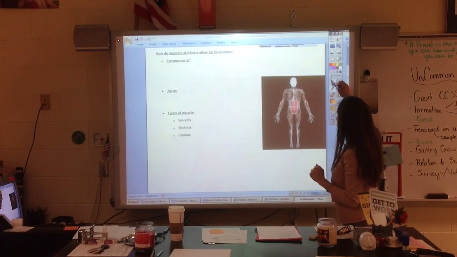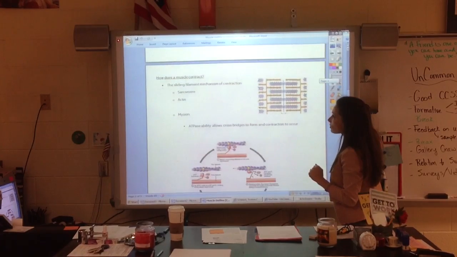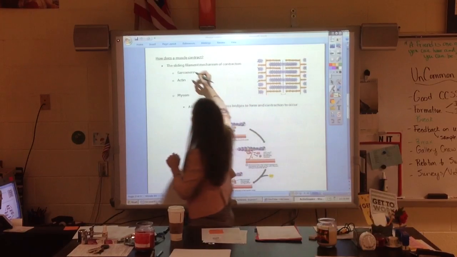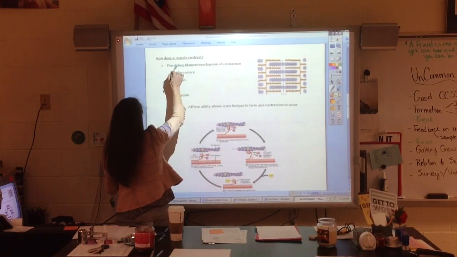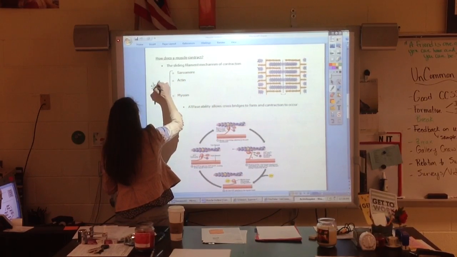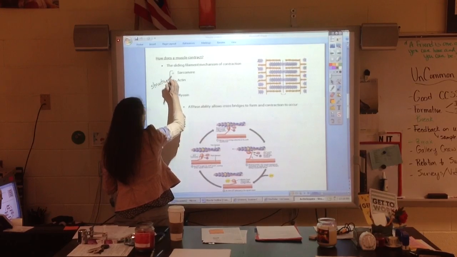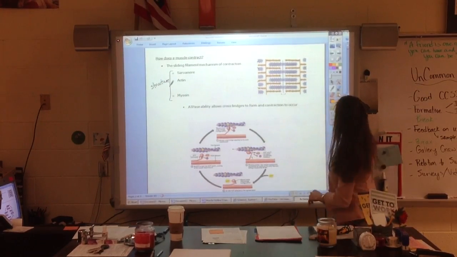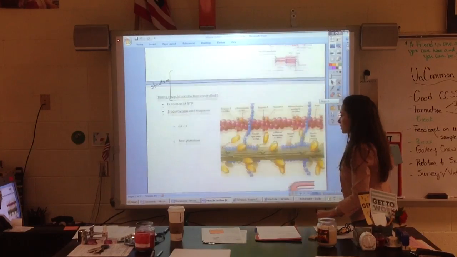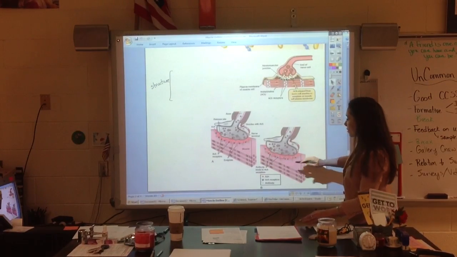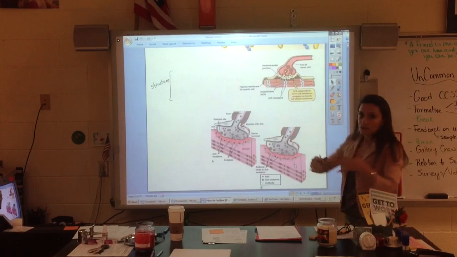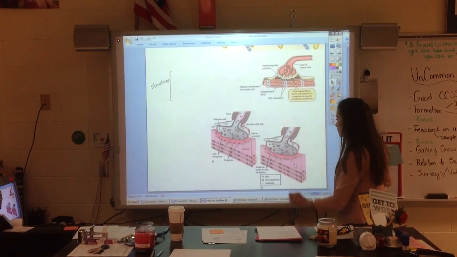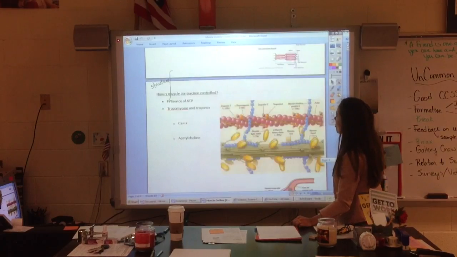So now we want to get into what the actual muscle cell is and how a muscle contracts. We do need to look first at the structure. So a muscle cell, if you scroll down and look at the next picture, way down here, is very, very long, and it has multiple units called a sarcomere.